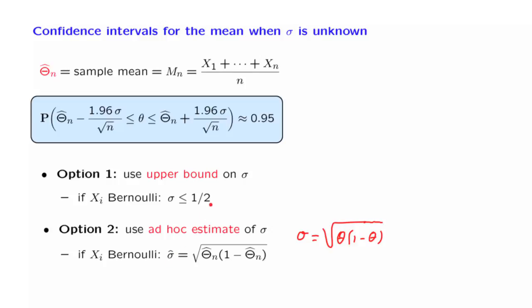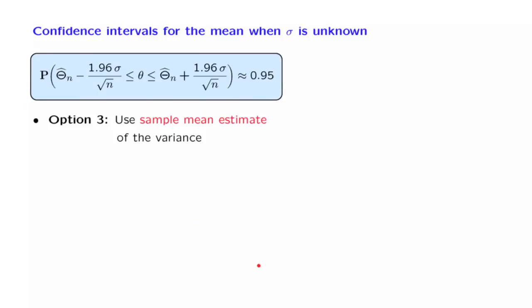Both of these options were discussed for special cases where we have special structure and we can derive an upper bound or there is a natural estimate that suggests itself. More generally, what can we do? One general option is to use a generic way of estimating the variance, and here's how it goes. The variance is by definition the expected value of this expression.